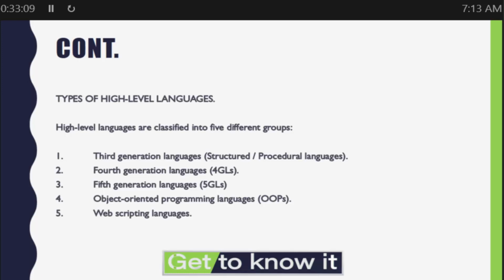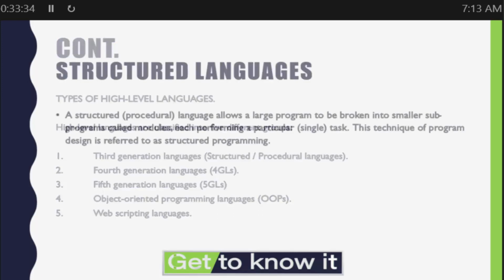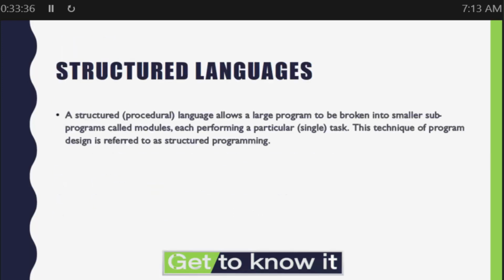The various types of high-level languages differ in the data structures they handle, the control structures they support, the assignment instructions they use, and the application areas. For example, whether they are used in educational, business, or scientific areas. Let's start with structured languages.